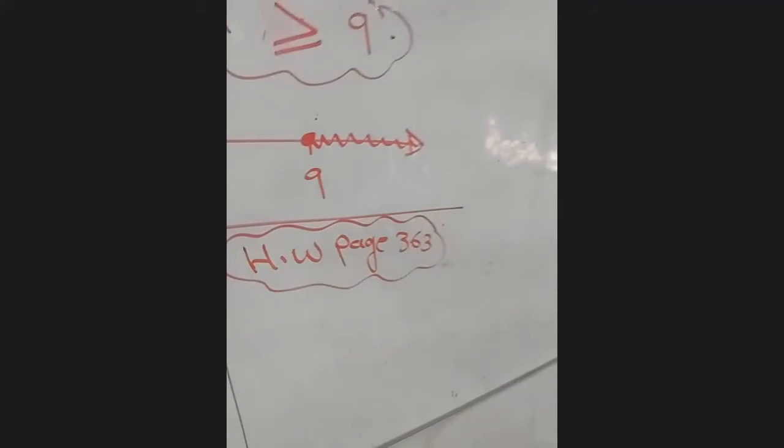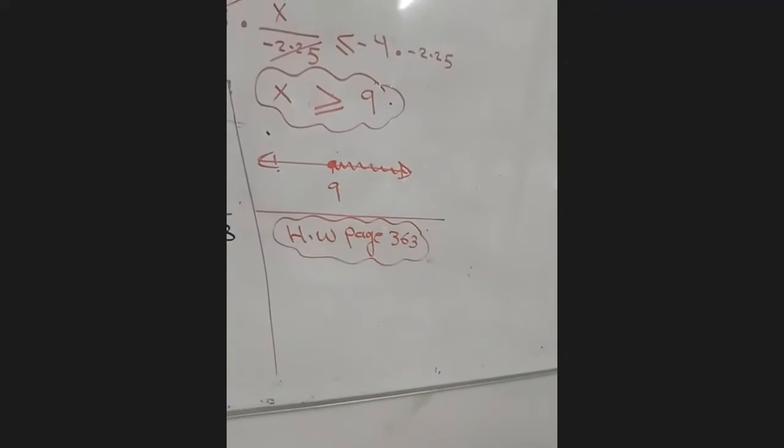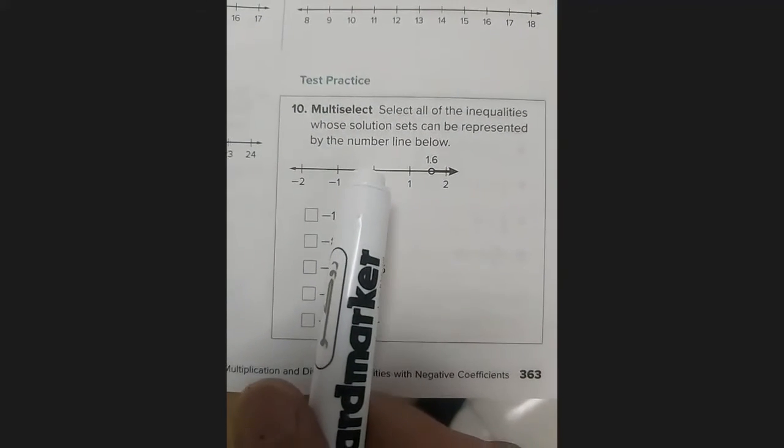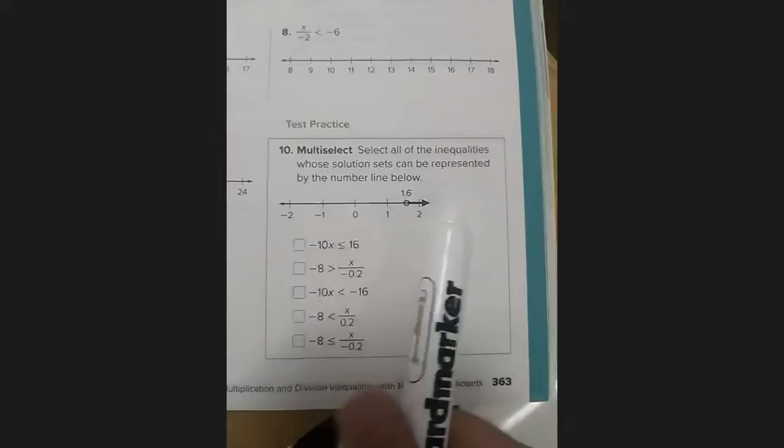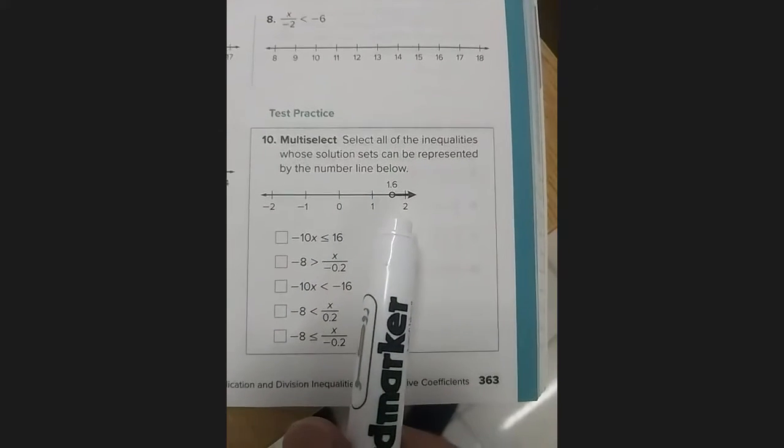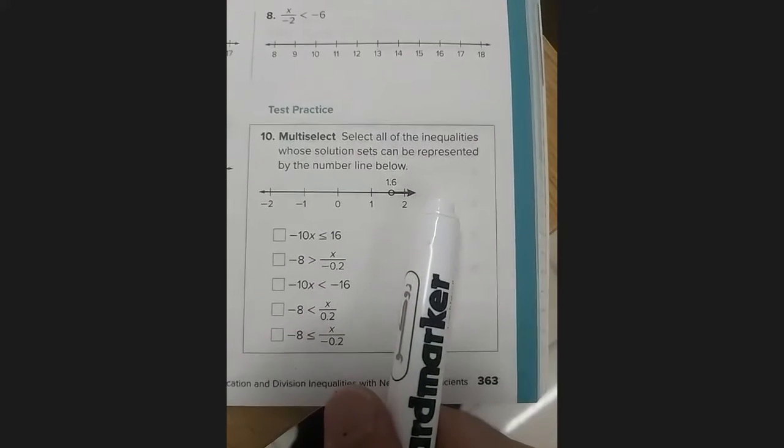But I want to talk about question 10. Read, Rayyan, question 10. Select all of the inequalities whose solution sets can be represented by the number line below. This is the number line below. The solution is what? 1.6 or more, right?